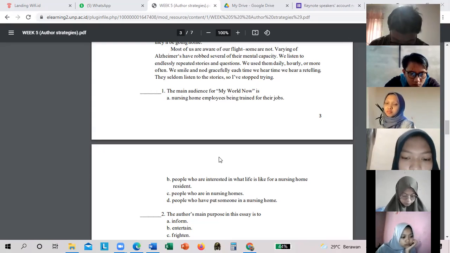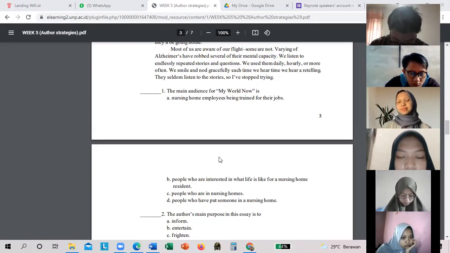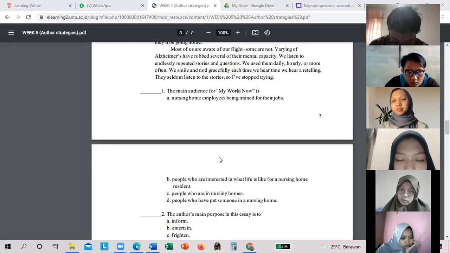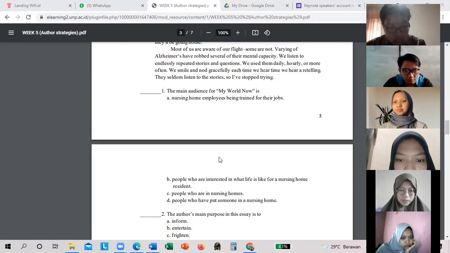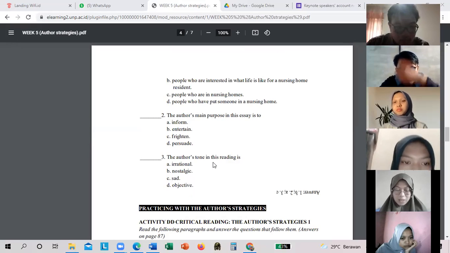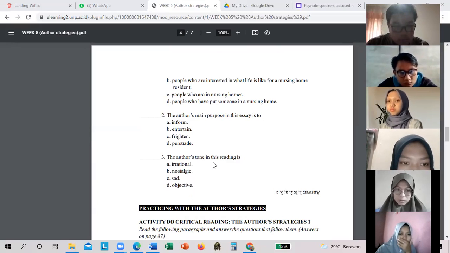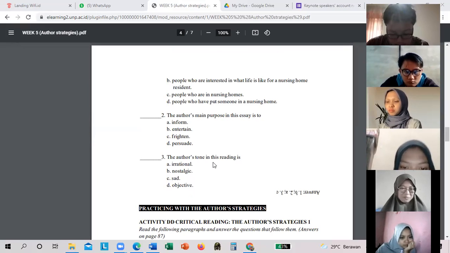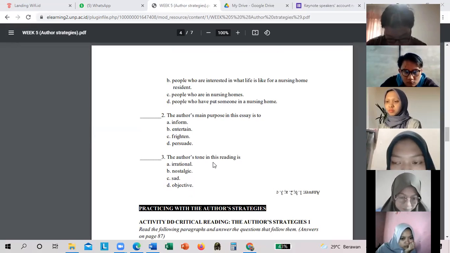Okay, next number 2, Rahmatul Khaira. The author's main purpose in this essay is to inform, because the author wants to give information to the reader about the author's experience. Okay, correct. Experience, not experiment, right? Yeah, experience of living in the nursing home.